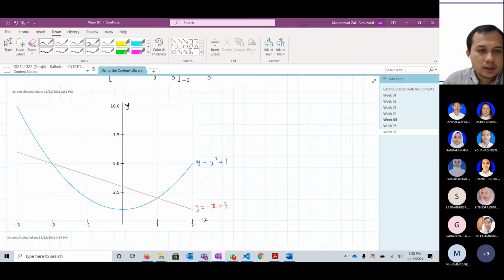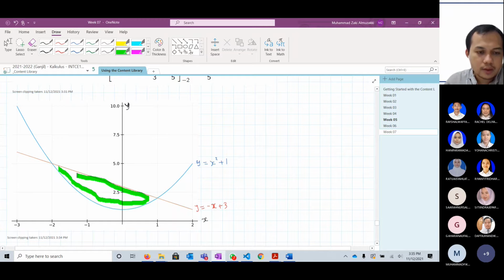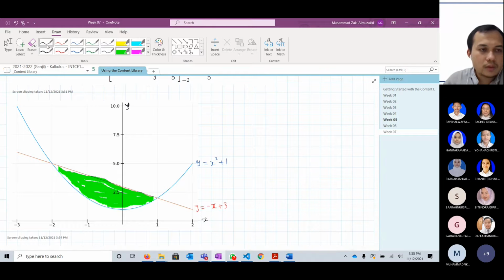And what we find is, okay, we want to compute the volume of the solid generated by revolving this green shaded area. We want to revolve it about the x-axis. Basically we want to revolve it like this.